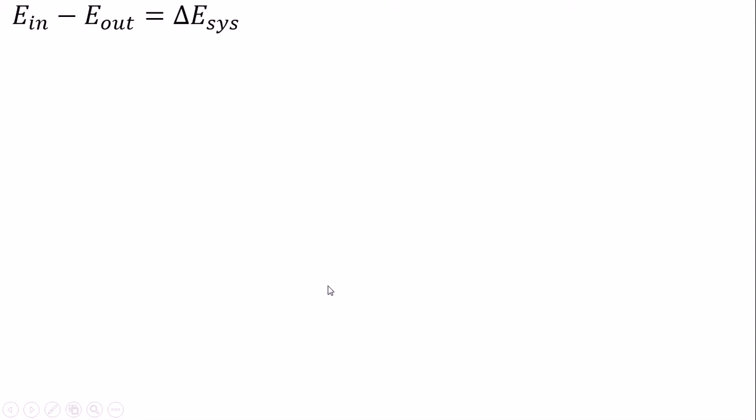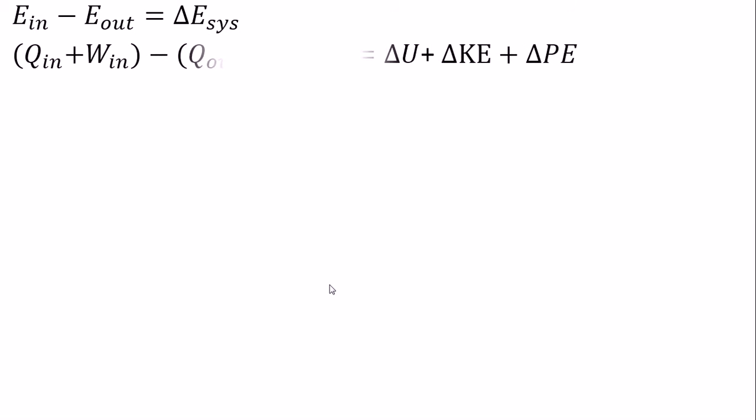So the first method is to apply the formula: E in minus E out equals delta E of system. The next step, you write this. The energy in is very simple: the heat transfer into the system plus the work into the system, while the energy out is the heat transfer out of the system plus the work out of the system.